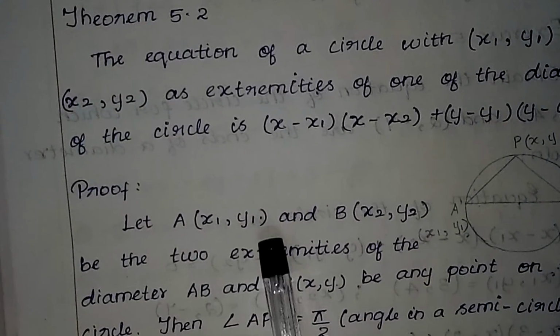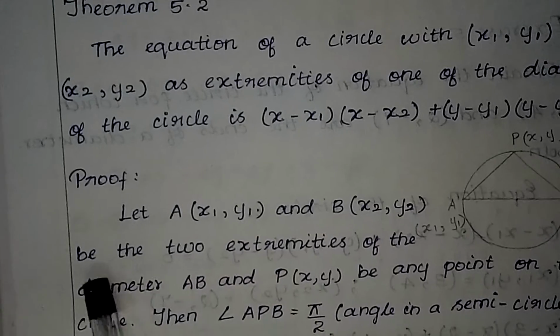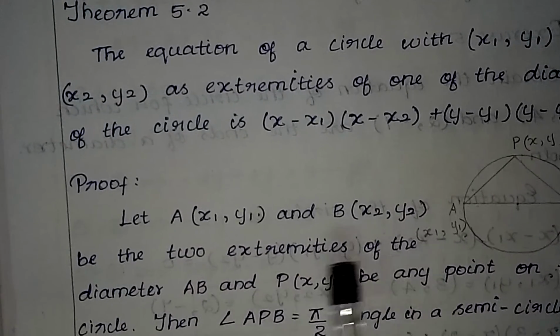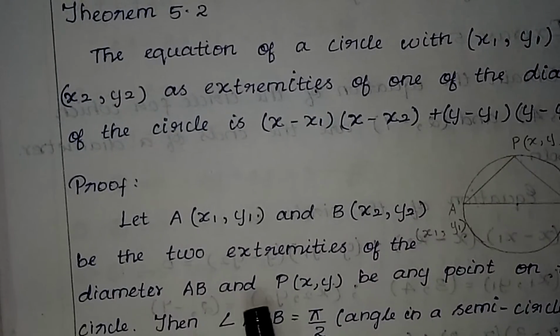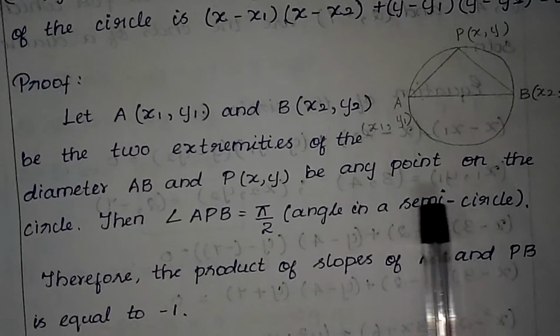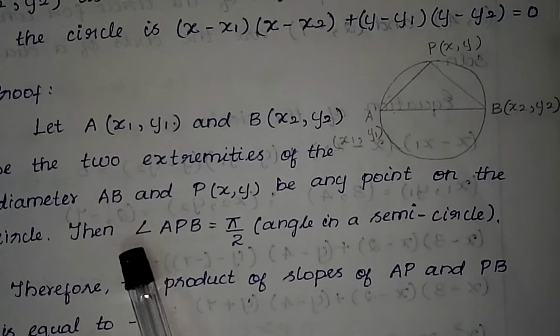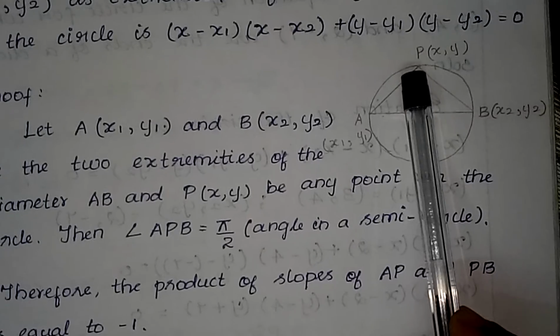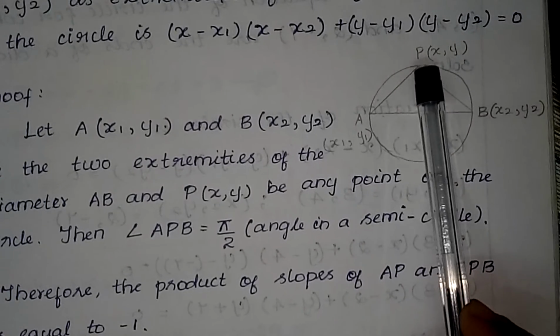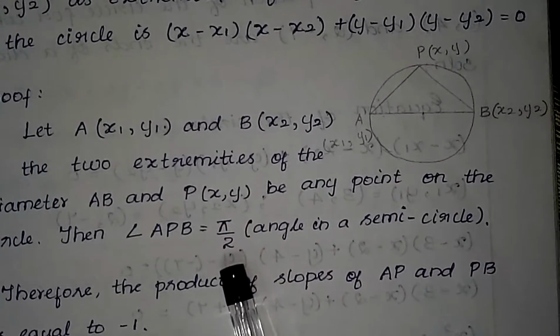So let A (x1, y1) and B (x2, y2) be two extremities, that is the endpoints of the diameter AB, and P (x, y) be any point on the circle, that is, it is a moving point. And the angle formed on the circumference of the circle, that is this angle, will always be 90 degree.